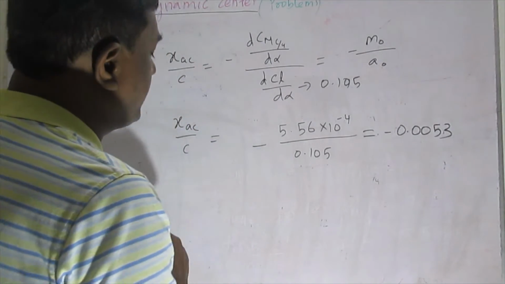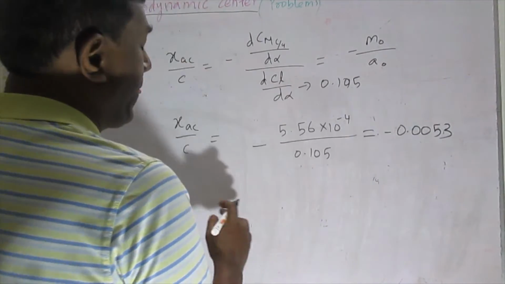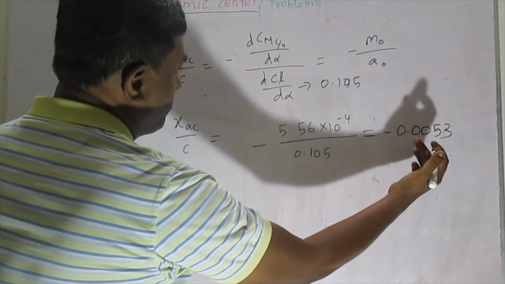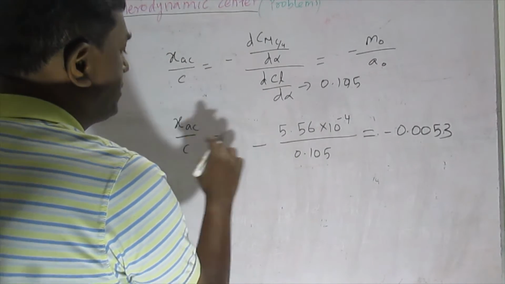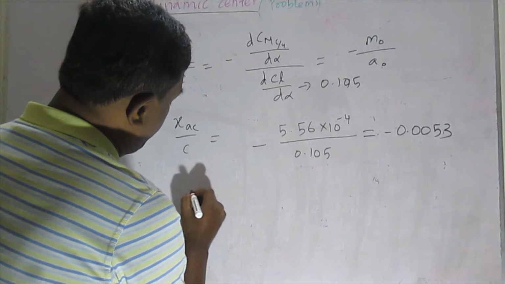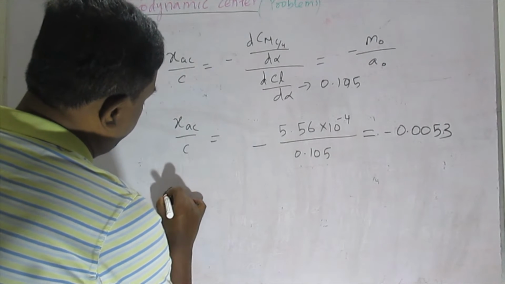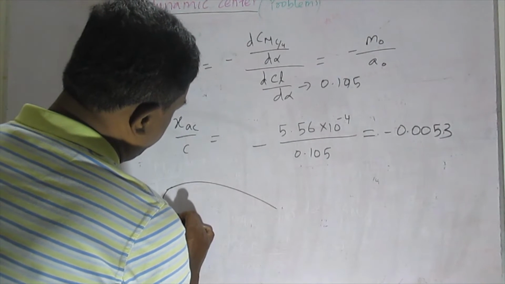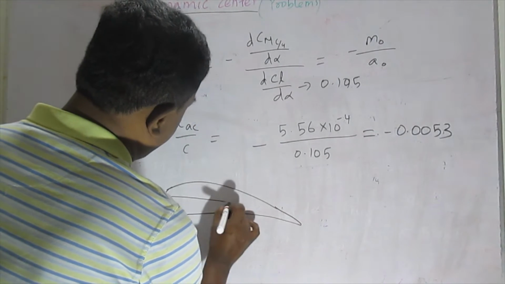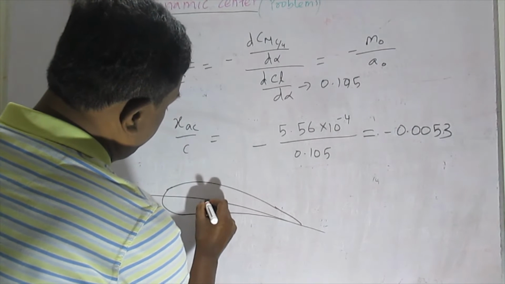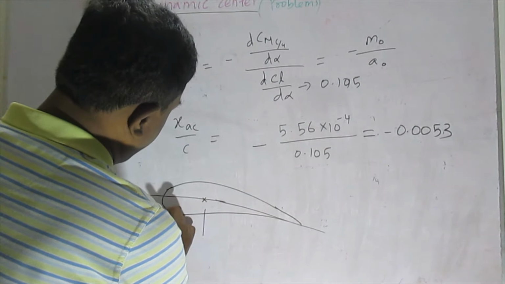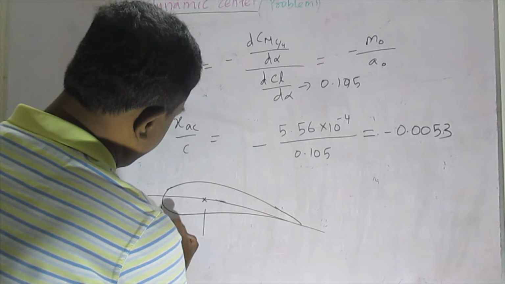Then our aerodynamic center becomes this. That means this value is ahead of the quarter chord point. That is the idea. So if this is the quarter chord point, this is our location.